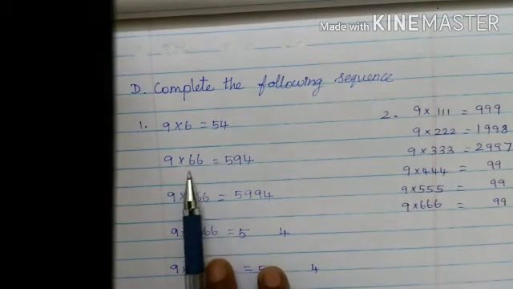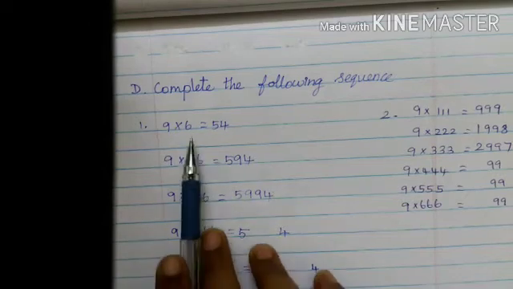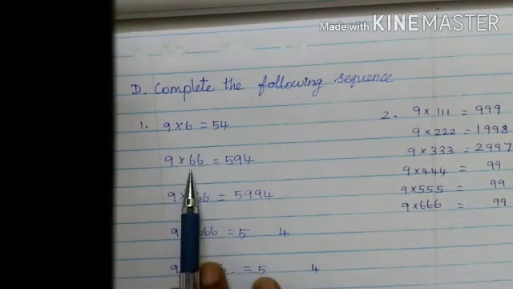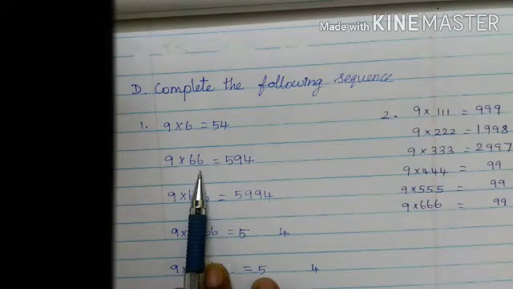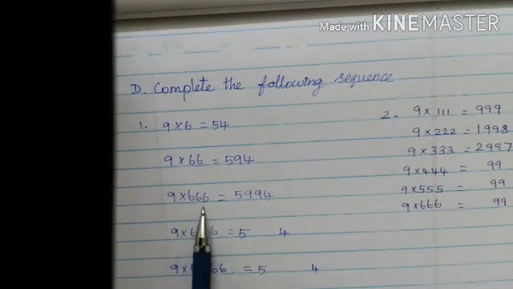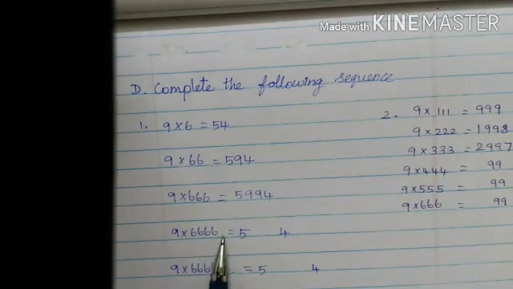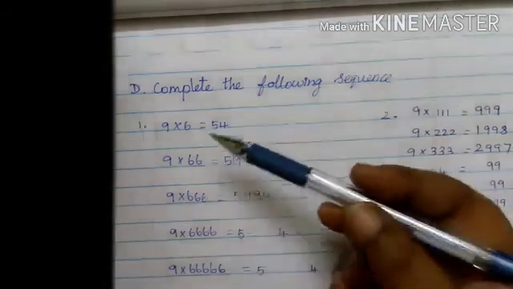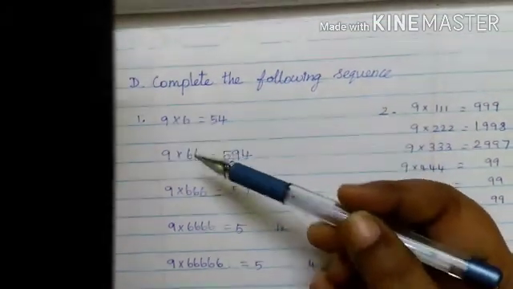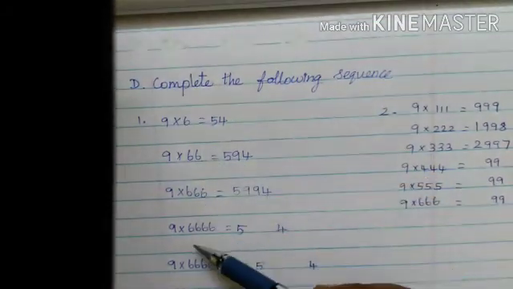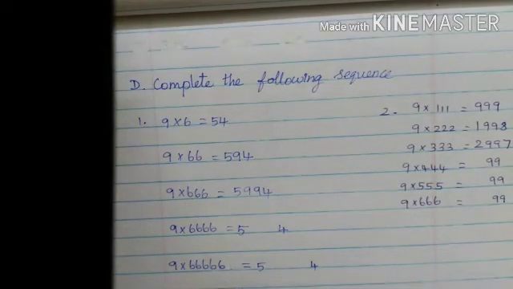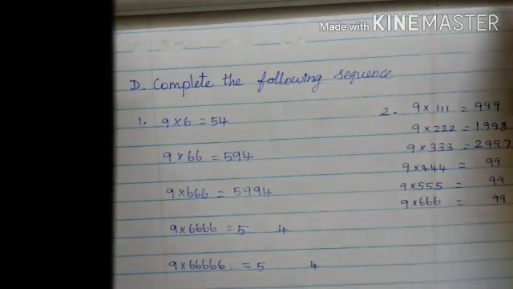Then the next pattern given: first one has only one number, second one two numbers, 66, third 666, then 6666, 66666. So here we take the number 6 once, twice, three times, four times, five times, then six times.